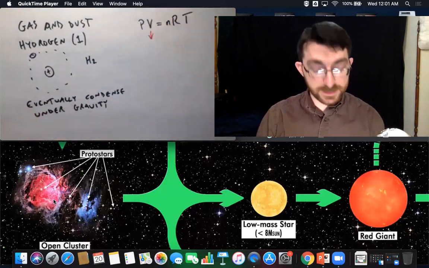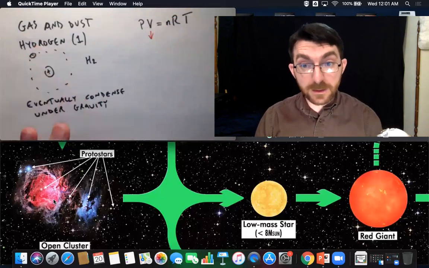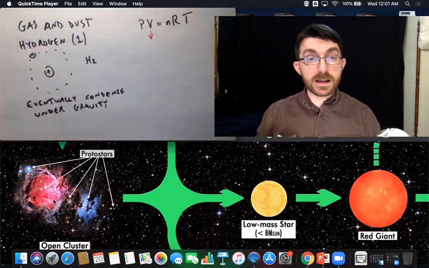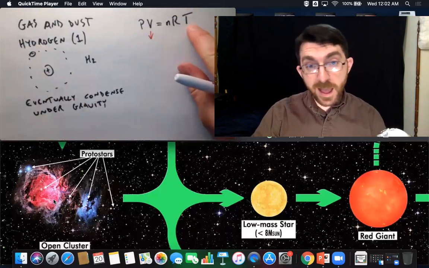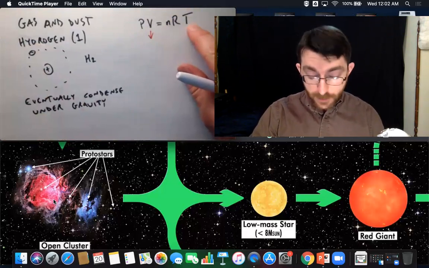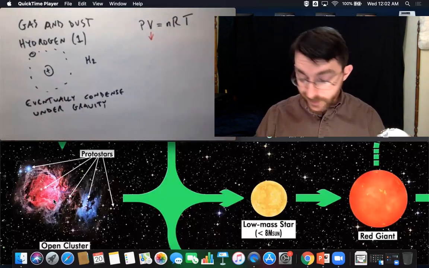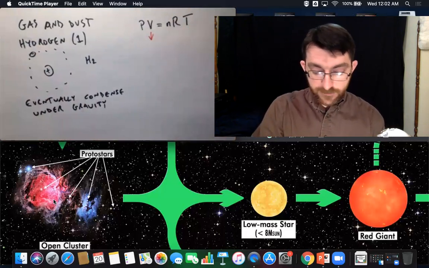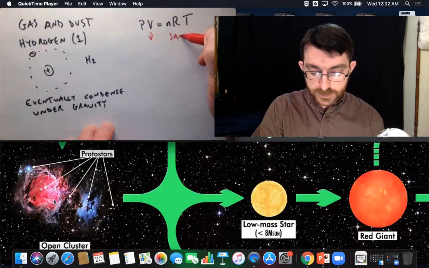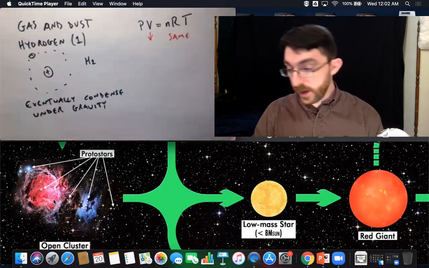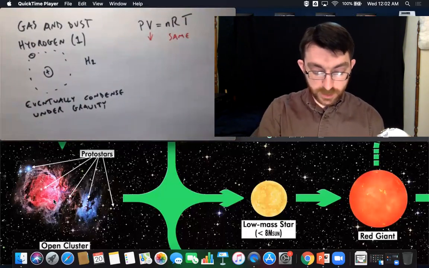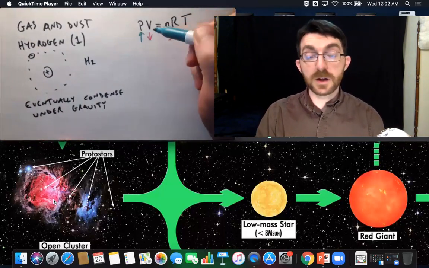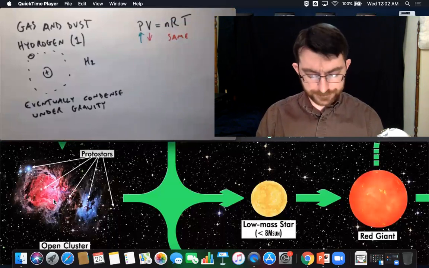Now, because this is out in space, it means that heat is free to come and go. So the temperature is able to stay the same, but the pressure is not, because if this side stays the same, then in order for the math to work out, this pressure is going to have to go up tremendously.